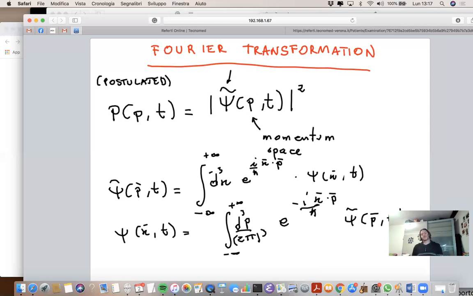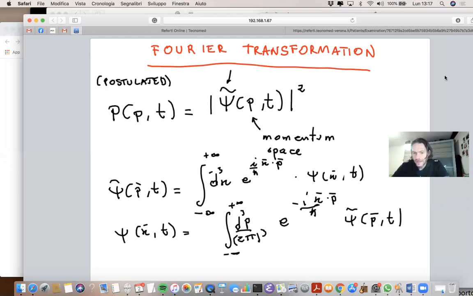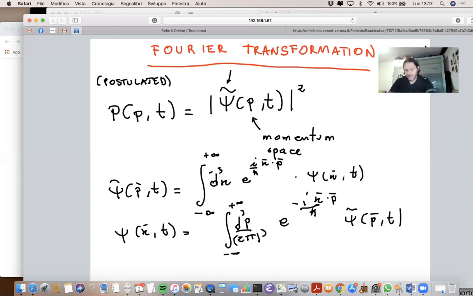So what does this equation tell me? That the probability of finding a particle with momentum p at time t is obtained from a wave function, modulus squared, which is called the momentum representation wave function.